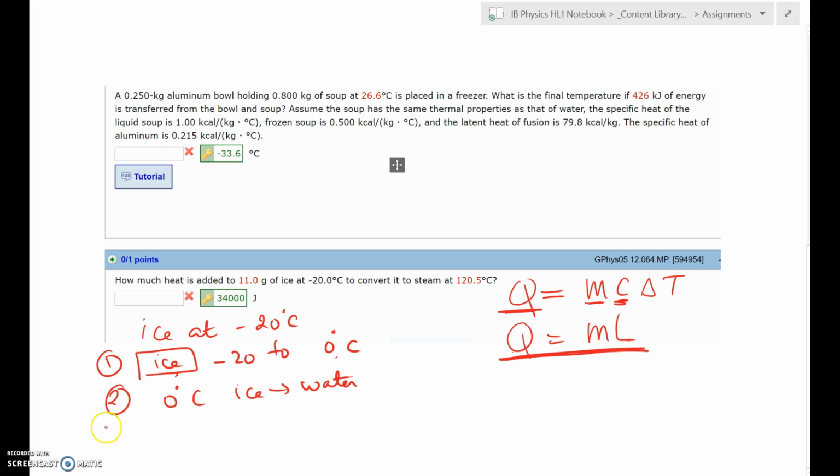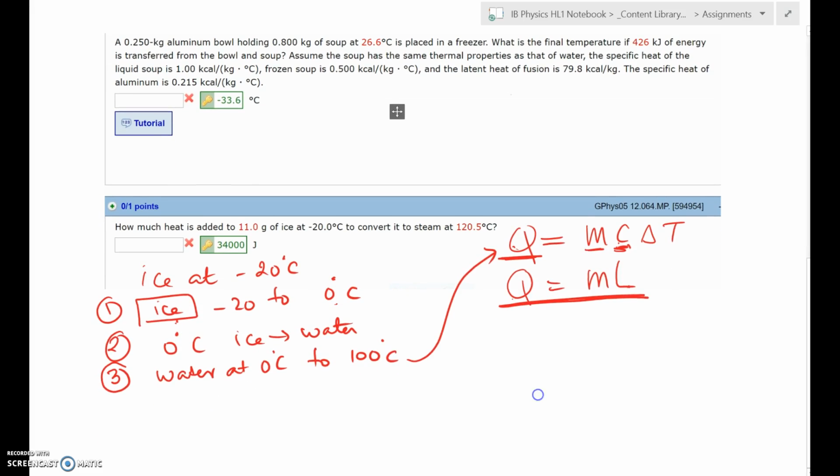Well, then this melted ice is still at 0 degrees Celsius. So it's now water. So from water at 0, you need to take it to 100 degrees Celsius, because only then can you vaporize it to steam. So again, now you have to do heat supplied in order to increase the temperature of water. So now you use the specific heat capacity of water.